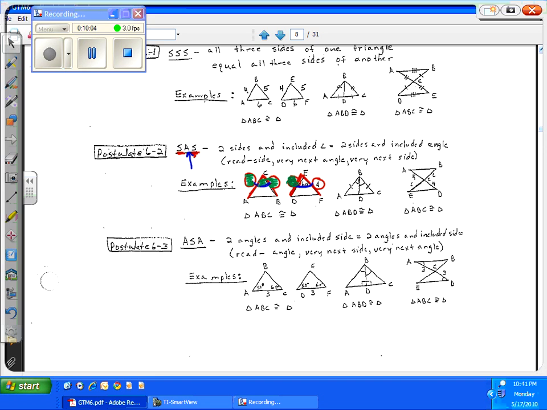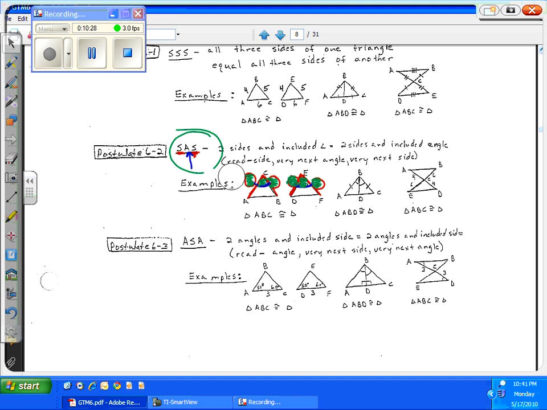We got this side, the angle that follows that side, and the side that follows that angle. But this concept of two sides and the included angle is very important terminology. So let's understand both of them as we do this.